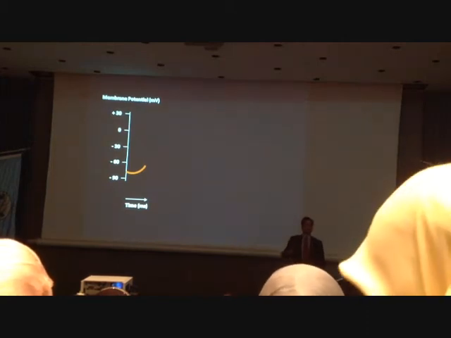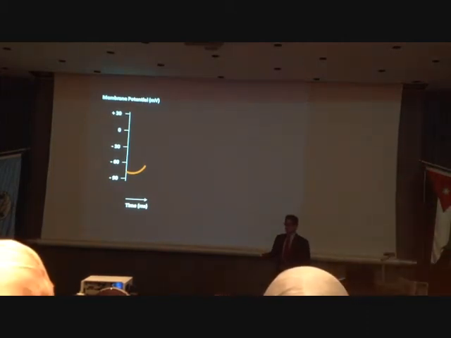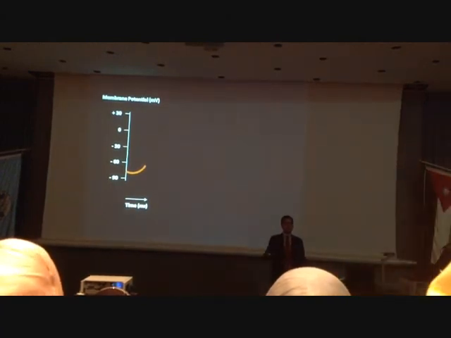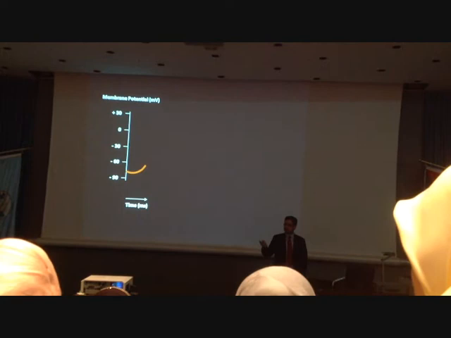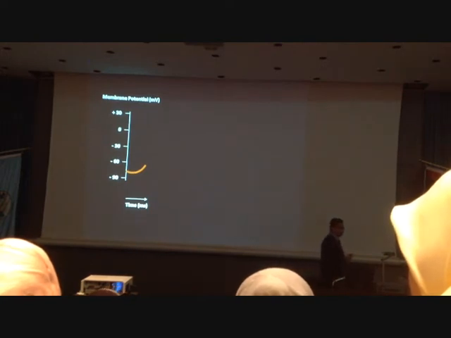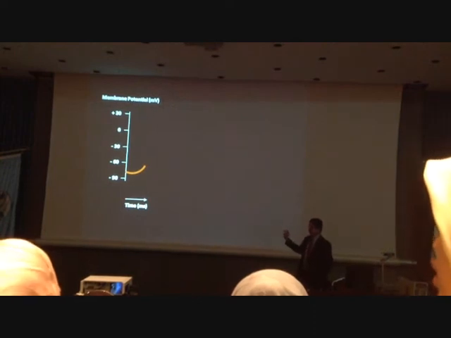This is called the resting membrane potential, right? And you should also know how it is generated. Sodium, potassium, and pH are responsible for that. We will see it in a minute.